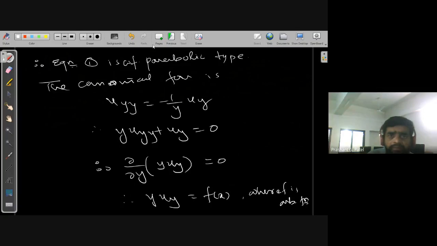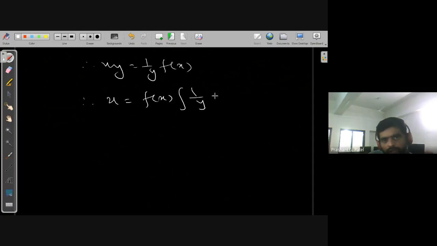So u_y is (1/y) f(x). If I now apply the separable variable method, this gives u = f(x) times the integral of 1/y dy plus another arbitrary function g(x).